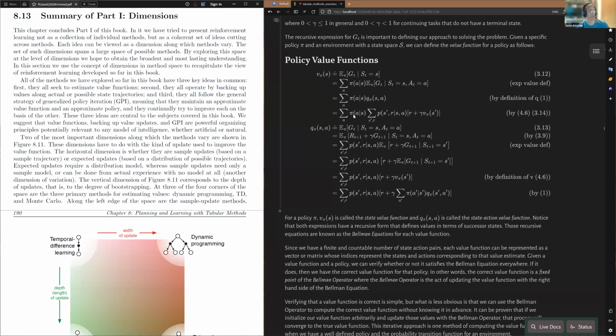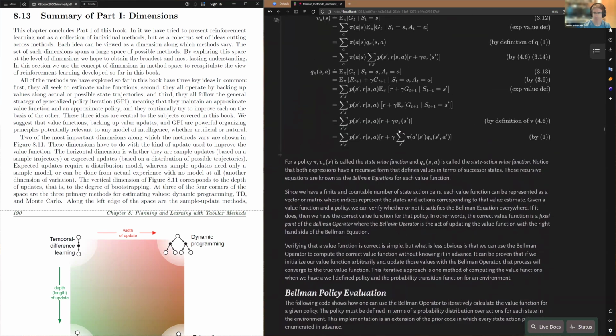In principle, you could solve the system of equations, but it turns out there is a much easier way of solving this, which is covered in the dynamic programming section of the book. And I have a hand-wavy description here of it.